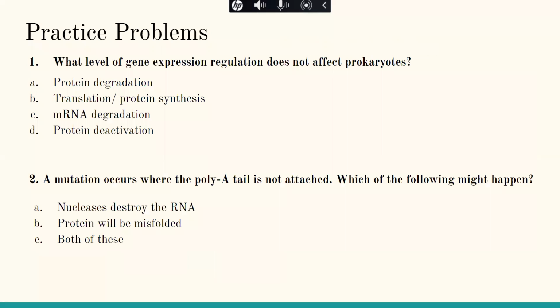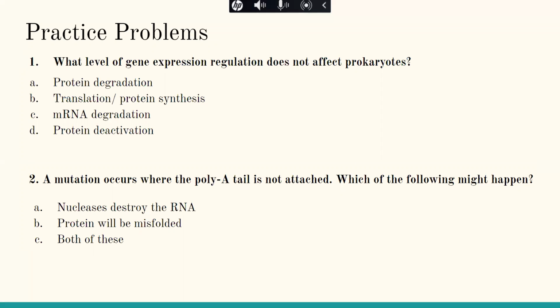Okay, here's some practice problems. What level of gene expression regulation does not affect prokaryotes? I think she said the endonucleases evolved to protect against RNA viruses. I forget if protein degradation is in prokaryotes, but mRNA degradation, like you just said, no, and protein deactivation would.